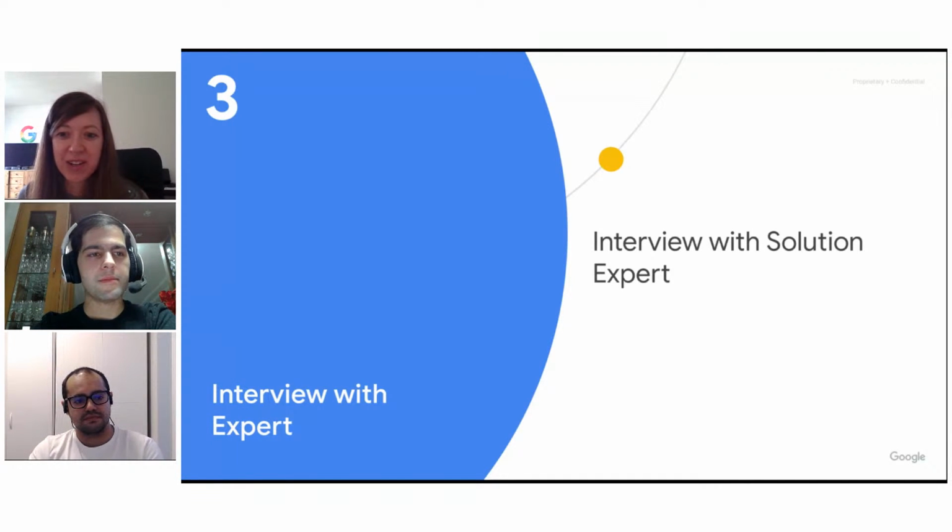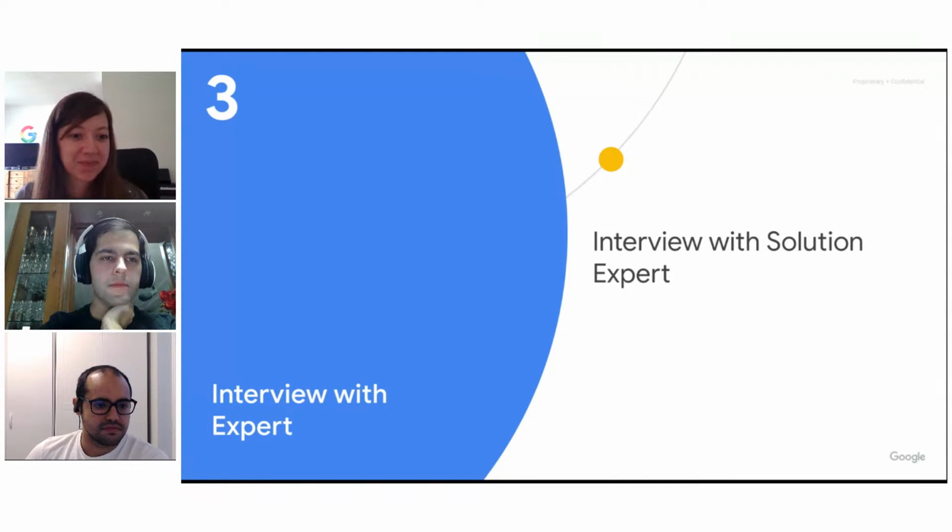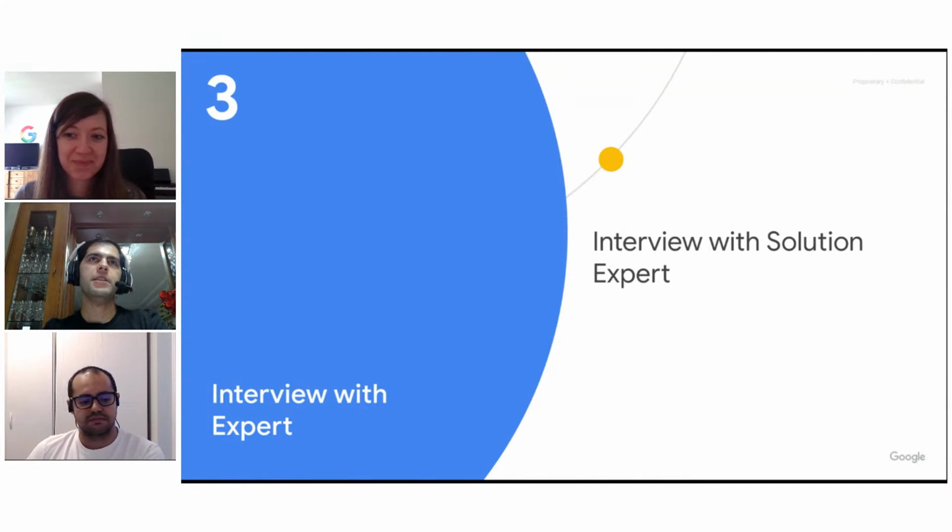So when talking about the solution itself, what are the most common questions that you see around implementing the Megalista automation solution? We usually get lots of questions regarding the onboarding of data.